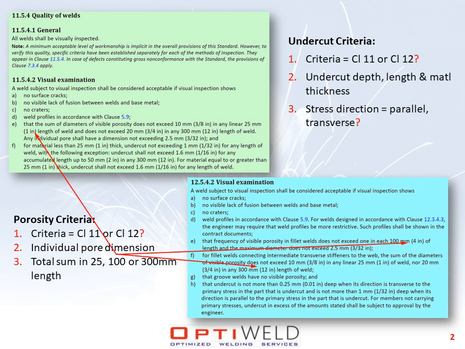If no pore exceeds the maximum diameter allowed of 2.5 millimeter, your next step will be to add the sum total for all pores over 3 different weld lengths. One last consideration for Clause 12 only is the differing amount permitted for fillet versus groove welds.